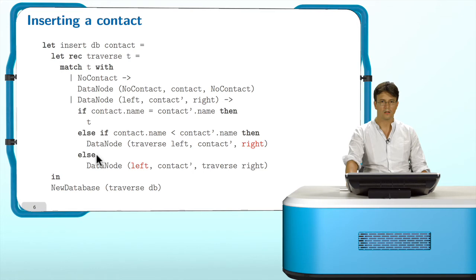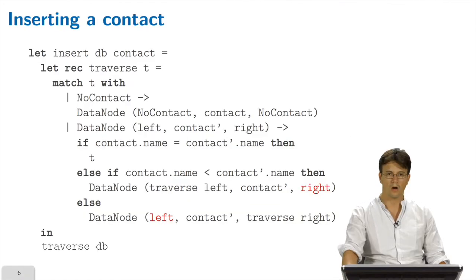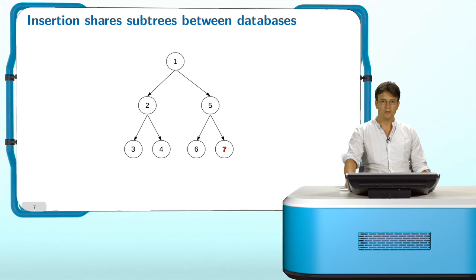Otherwise, if the contact name is greater than the contact on the root, then we have to insert the contact on the right, and again we are able to reuse the same subtree on the left as the one found in the input database.